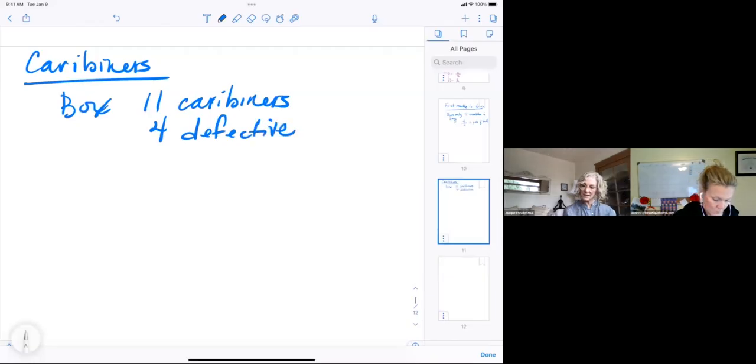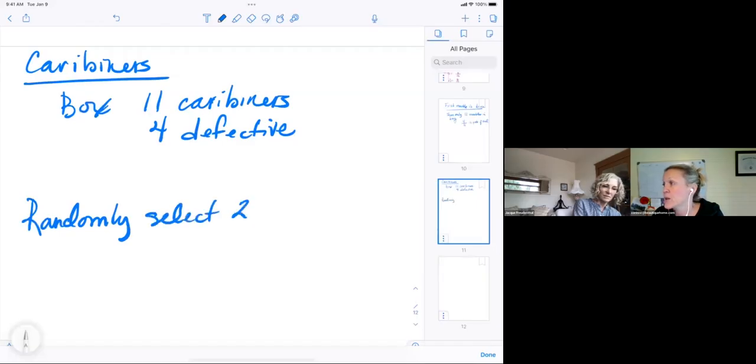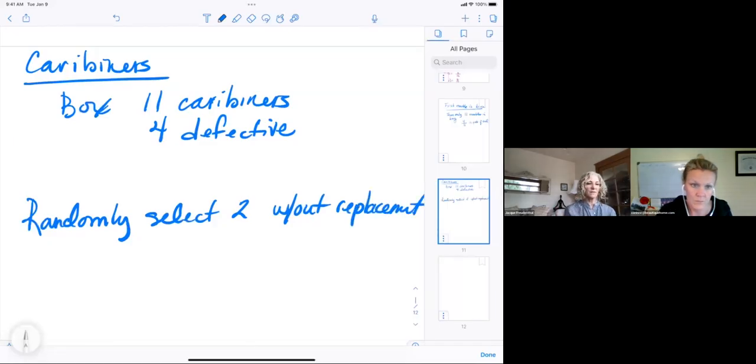If I randomly select 2 from the box without replacement, we need to find the following probabilities.